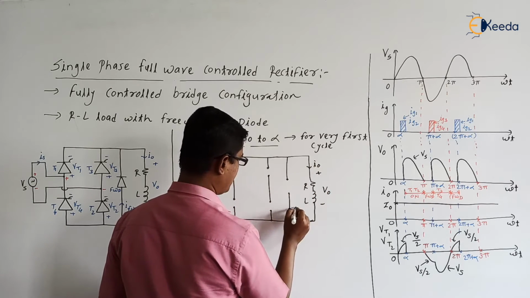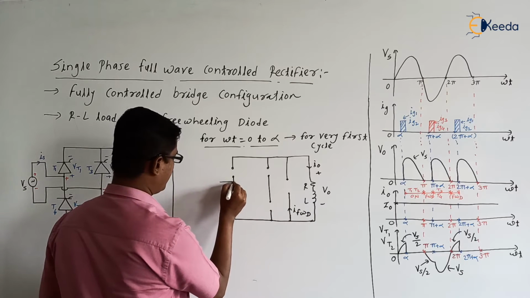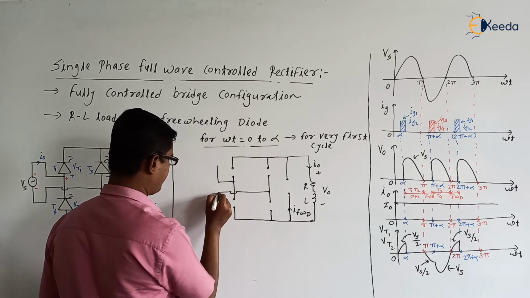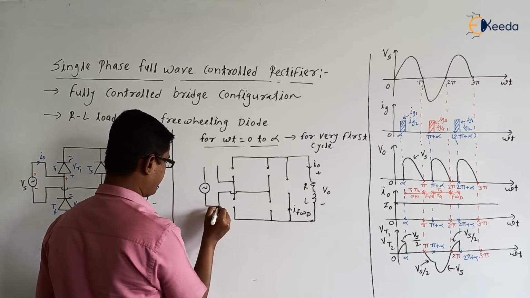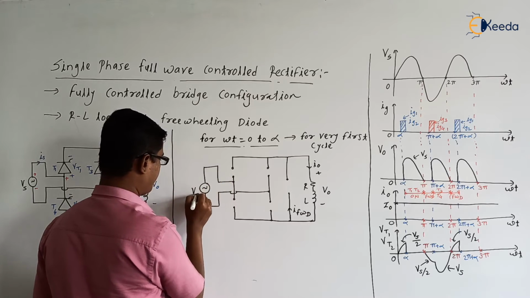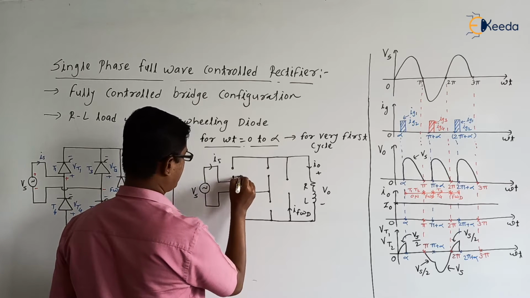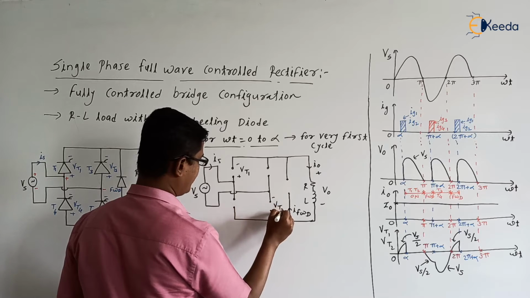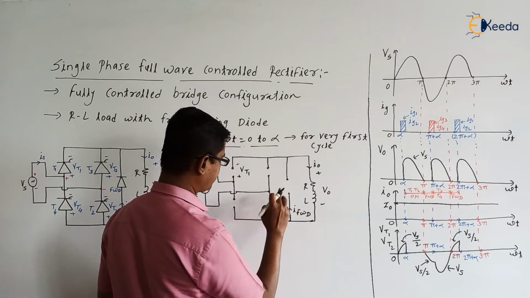This one is IFWD, and here supply voltage we are having, supply current IS. Voltage across thyristor T1 is VT1, voltage across T2 is VT2.